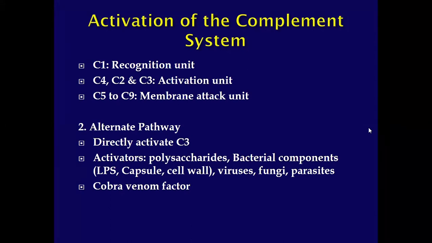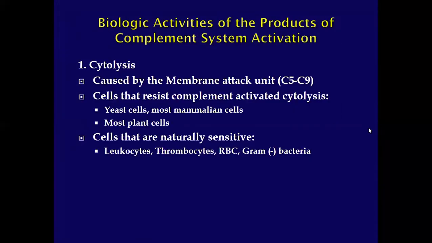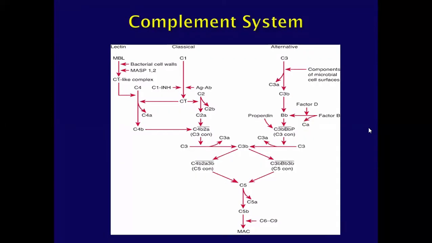That is why there is intravascular hemolysis in cases of cobra bites, because of the activation of the complement system. Okay, so this is the complement system. Again, in the classical pathway, you start with complement component number 1, and in the alternate, you start with complement component 3.